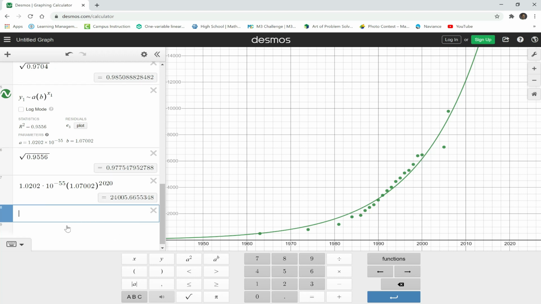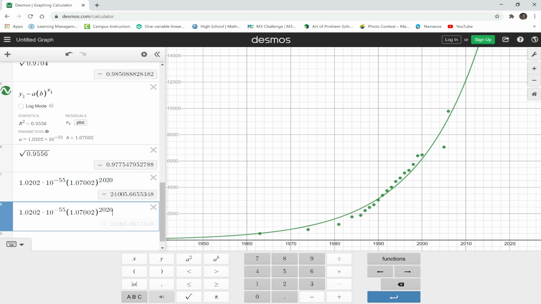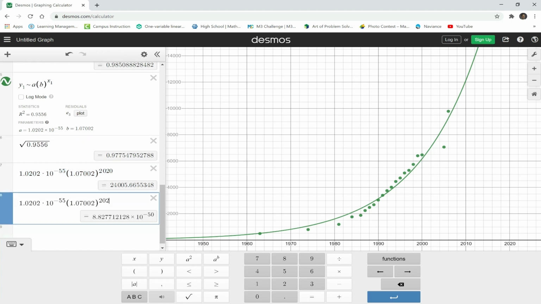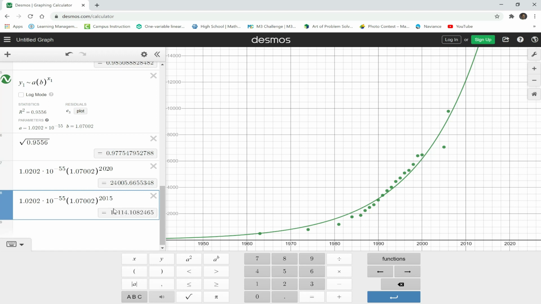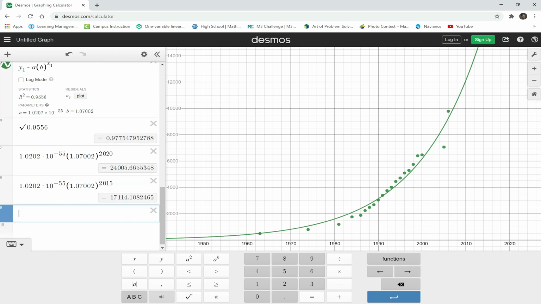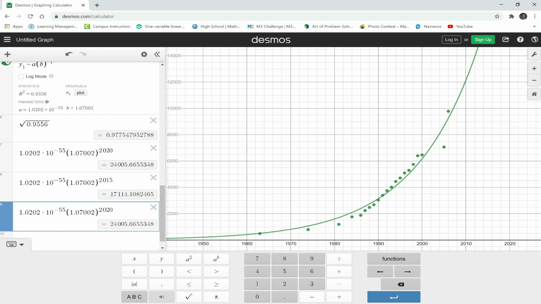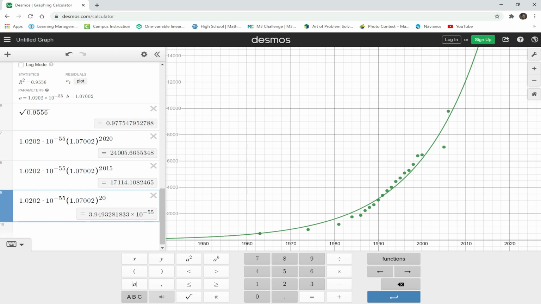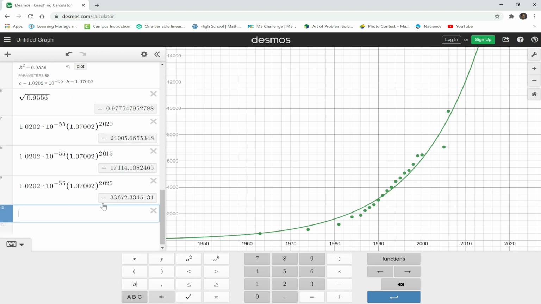We skipped 2015, so we'll go back and copy this. Control C, Control V, and we'll change this out for 2015. And then same thing, now we want 2025. It shows 33,672 in 2025.